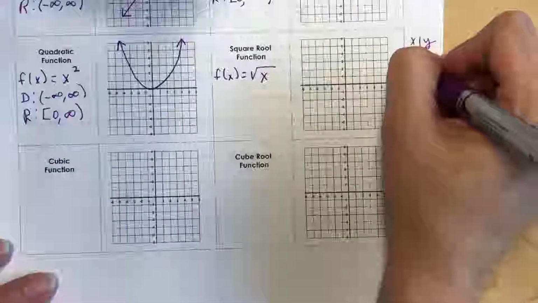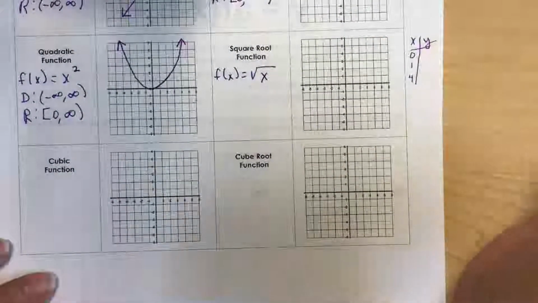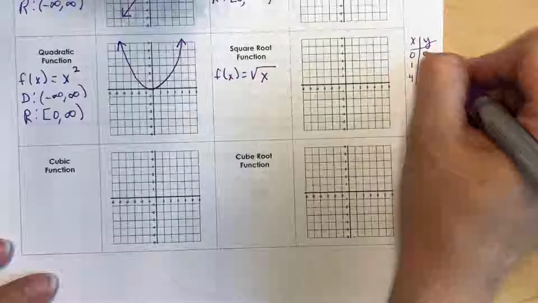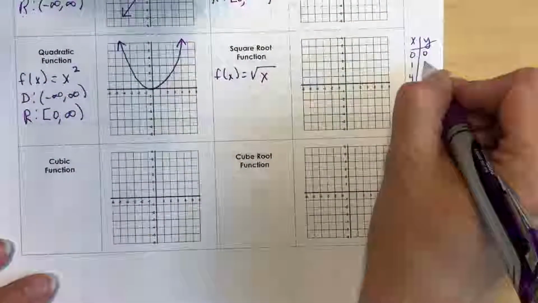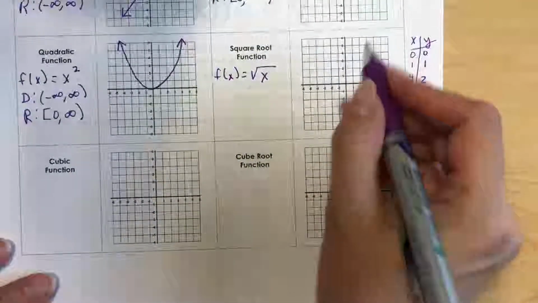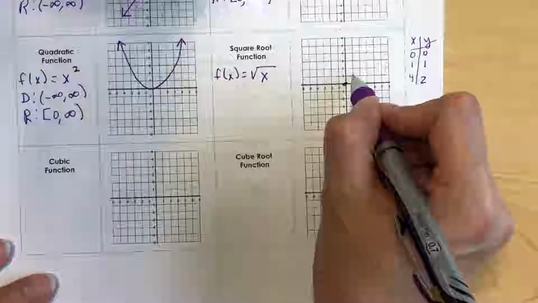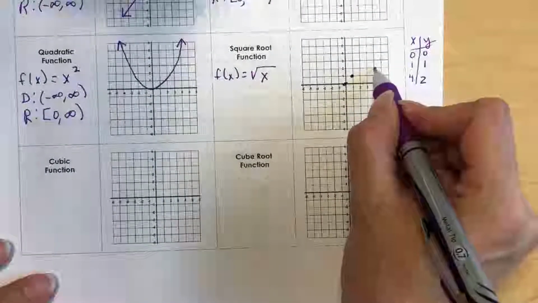If I put in 0, 1, 4, I can see that if I put in 0 for x, it's going to give me 0 for y. Put in 1 for x, the square root of 1 is 1. Put in 4 for x, the square root of 4 is 2. So I've got ordered pairs 0, 0, 1, 1, and 4, 2 is here.